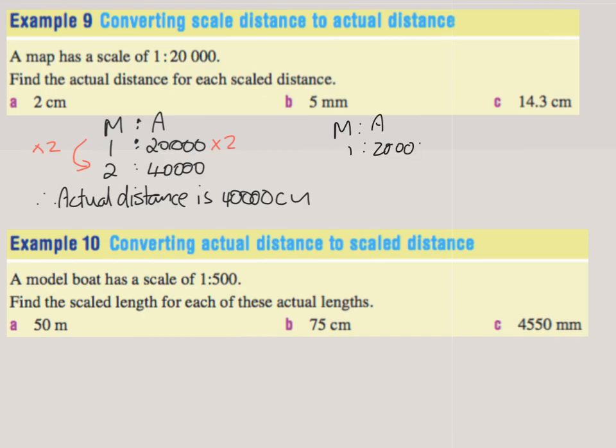They want us to use now 5 millimeters, so the scale distance, the map distance is 5. What is the actual distance?